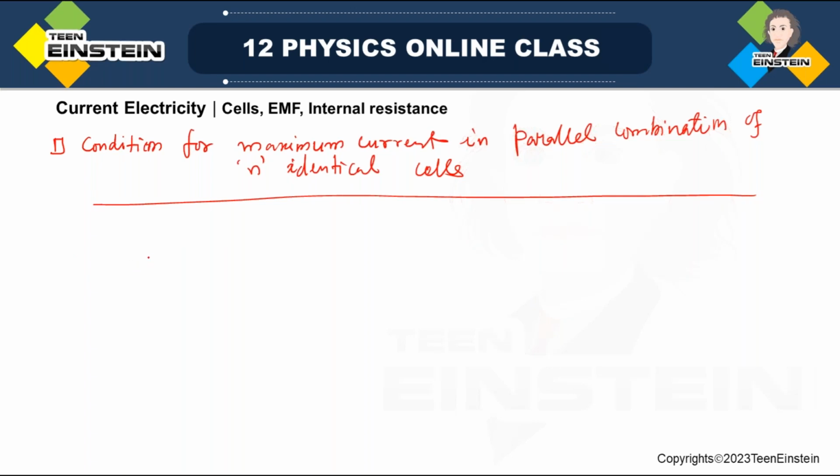Suppose I have n number of cells like that, there are n cells here, and these are all identical cells.